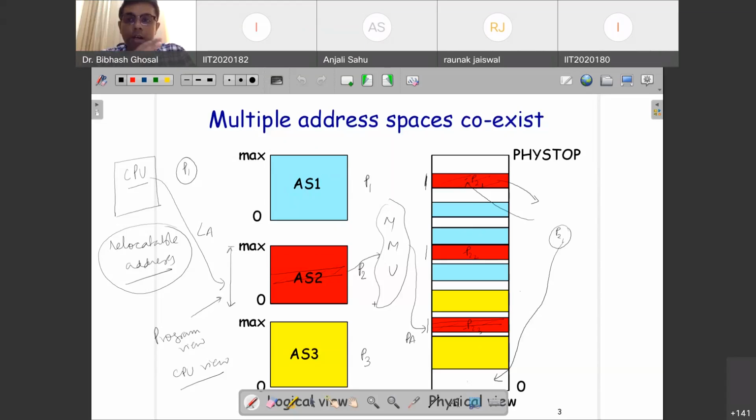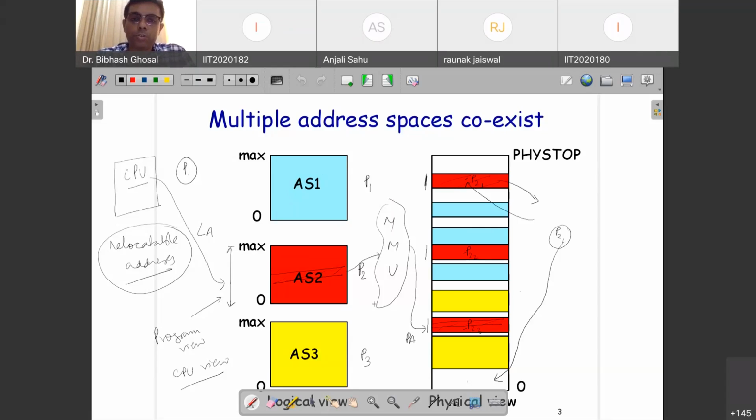So to give a unified view of the entire process space, we came up with the concept of virtual memory, which is one single address space, and the CPU would generate addresses for that particular logical or virtual memory, and that would eventually get translated by the memory management unit into the corresponding chunk in the physical memory.